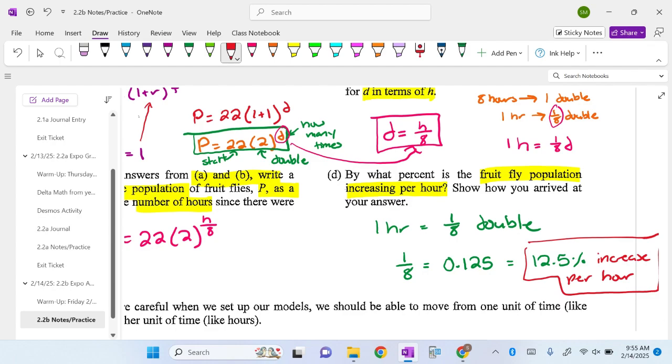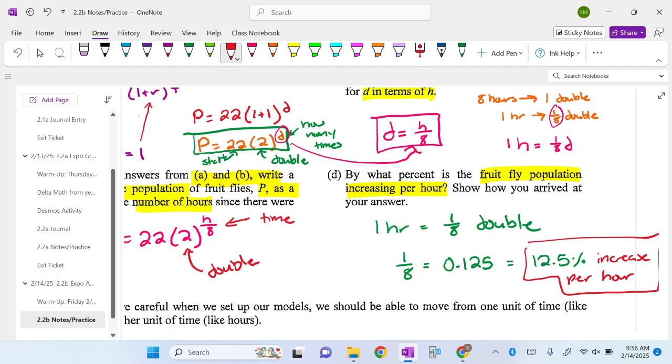Well, it's a lot of different parts. So basically, what they're trying to get at is with doubling, you're typically going to have a base of 2. The base of 2 always means to double. And then, depending on what units of time they give you originally, you can manipulate your exponent to reflect the units that you're given.